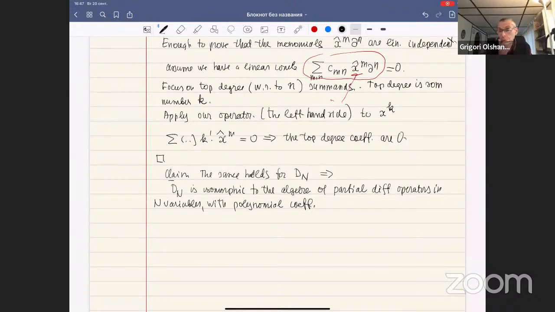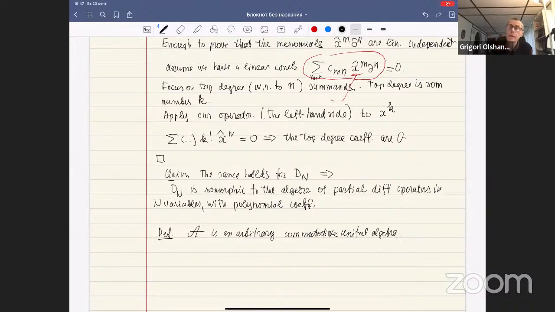Maybe I would like to just give some nice definition. I will not use it. The definition is as follows. Assume that A is an arbitrary commutative unital algebra.